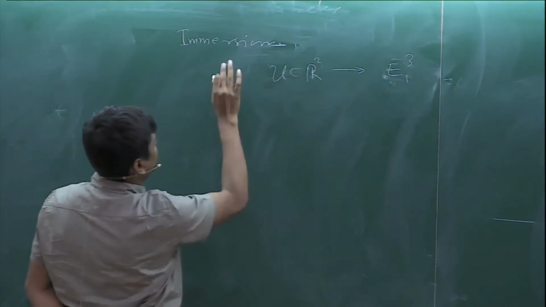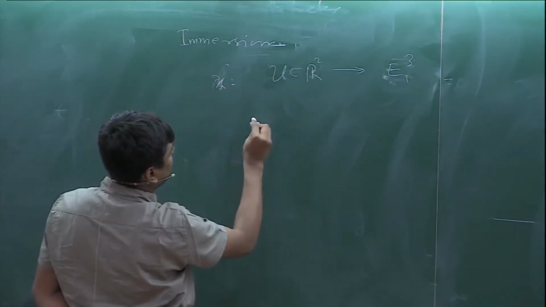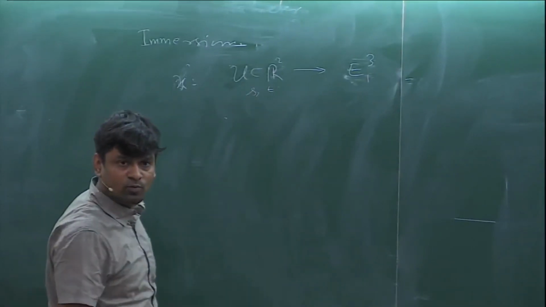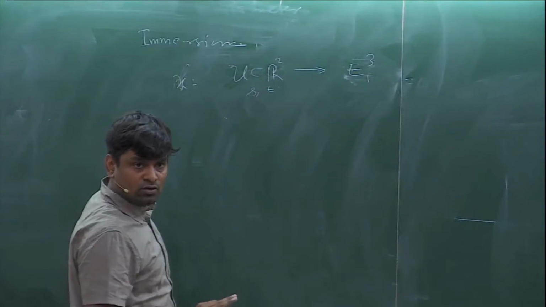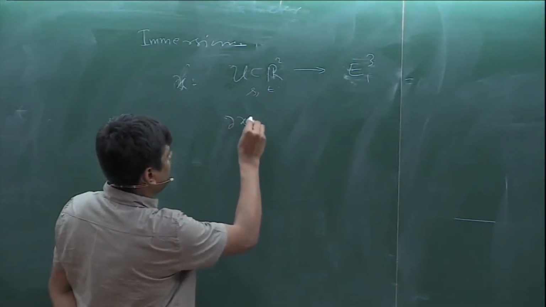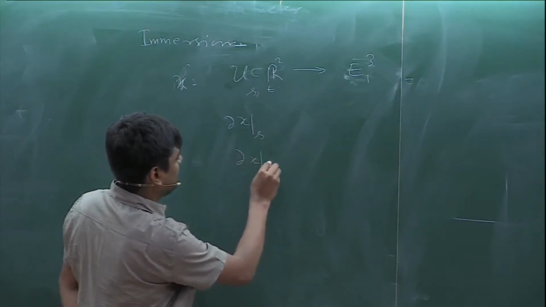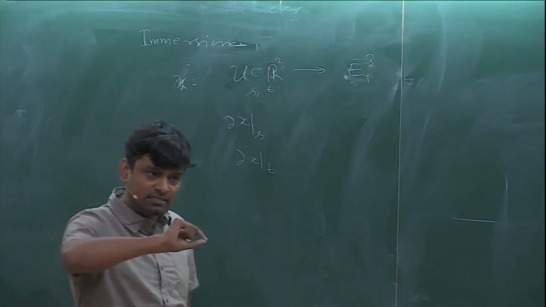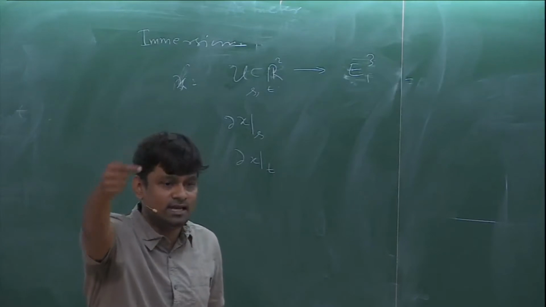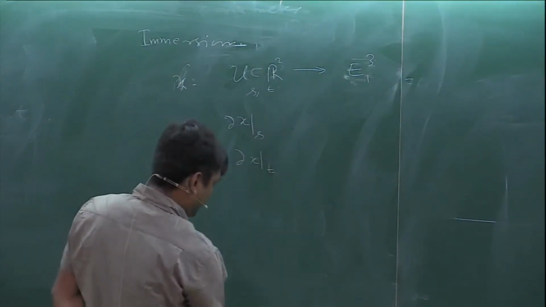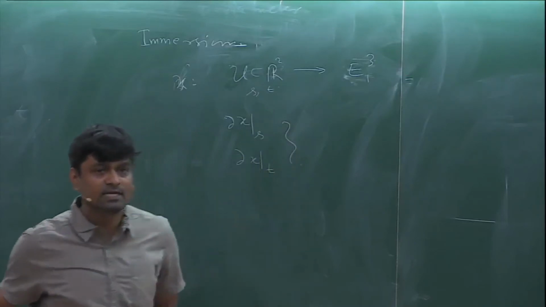What do you mean by immersion basically? Immersion means you calculate the derivative of x. You have two parameters, s and t. So del x over del s and del x over del t. You calculate this, and these are independent at every point.